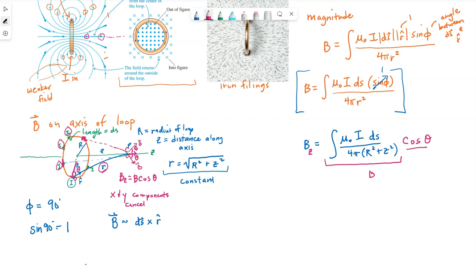So if I think in terms of my triangle, and this is my theta, cosine of theta is going to be the adjacent side, which is capital R, the radius of the actual loop itself, divided by lowercase r, the distance to point P up here. And we've already determined that lowercase r is the square root of capital R squared plus Z squared.